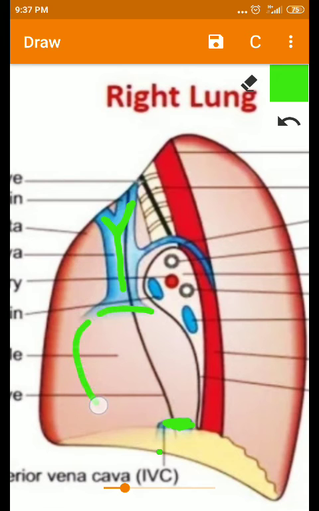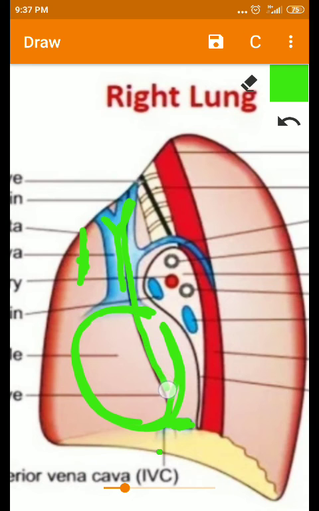This area is related to the right atrium and right auricle, and then the ascending aorta is related to this, the most anterior part of this mediastinum, and afterwards two nerves are related.